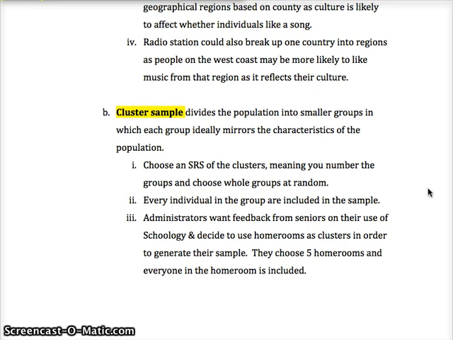So if I was looking at race as affecting outcome, and I had 30% Caucasian and 40% Asian and 20% Hispanic, Latino, and I had 10% Native American, then I want those same proportions, those same percentages, to be represented in each group that I made. So think of them as like a little mini representation of the population from which they came. Then what I would do is number each of those clusters or groups and then randomly choose an entire cluster or an entire group and ask everybody there.